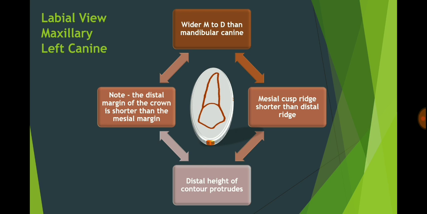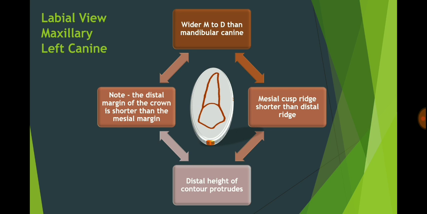Now, remember the tooth which is widest in the mesial distal aspect of all anterior teeth. You have to listen to the question. When it says anterior teeth, it is going to be the maxillary central incisor. If they say, what is the widest tooth in the mouth, of course, mesial distally, it's going to be the mandibular first molar. Okay, keep that in mind.